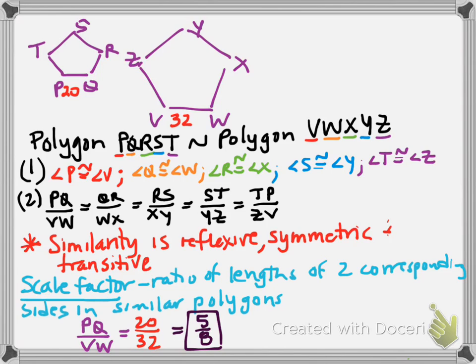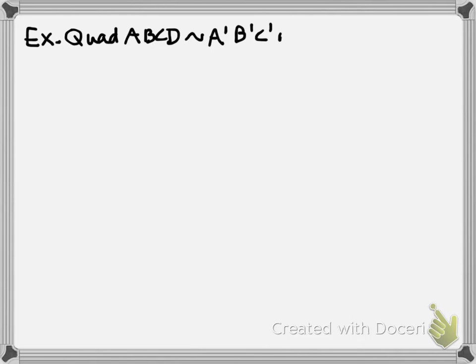So what we have is two different quadrilaterals. We're going to answer several questions about them. So quadrilateral ABCD is similar to quadrilateral A prime, B prime, C prime, and D prime.